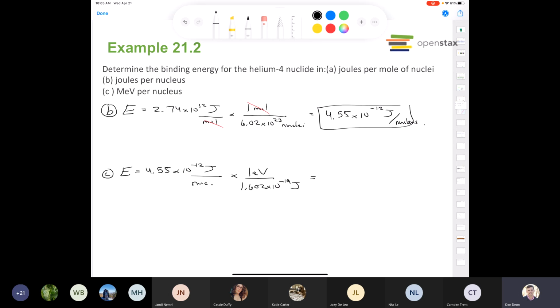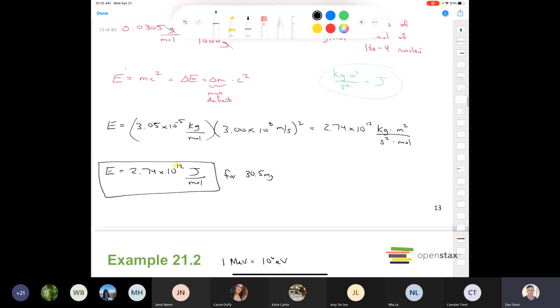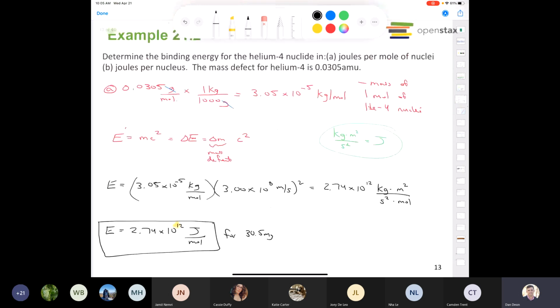Our joules cancel, and we end up with 2.84 times 10 to the power of 7 electron volts. Remember that in 1 mega electron volt you have 10 to the power of 6 electron volts, so this is the same thing as 28.4 mega electron volts. There we go. So there's our nuclear binding energy for the helium-4 nuclide when we were given the mass defect. All we had to use was E equals mc squared.